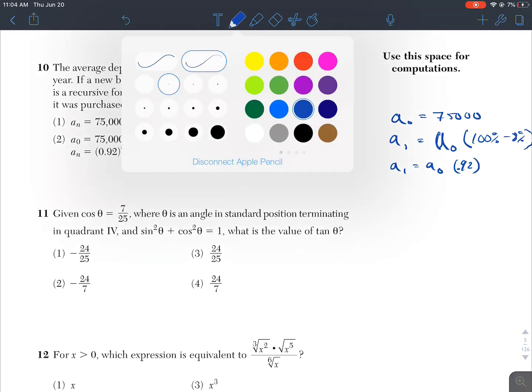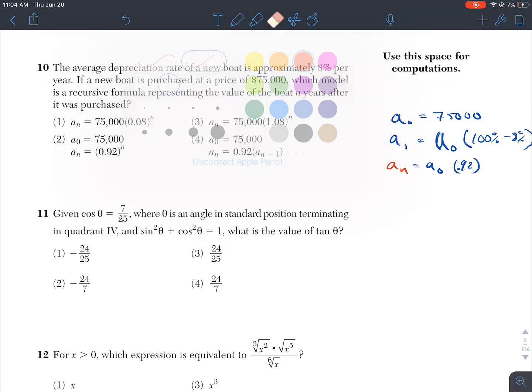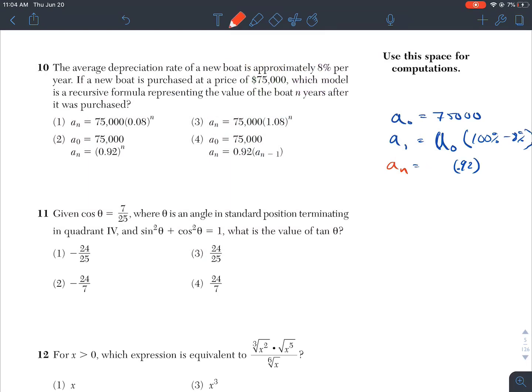But in general, what we could say is to get to the nth year value of the boat, A sub n is equal to the value of the boat in the year before, which is A sub n minus 1, the previous value of the boat, times 0.92. So that is choice 4.